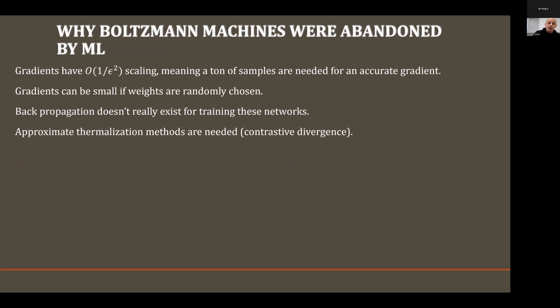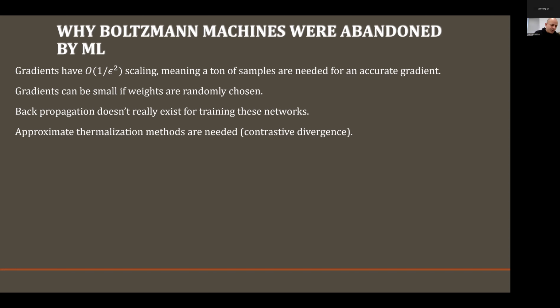Boltzmann machines. In particular, gradients need to be estimated using sampling, which leads to an order 1 over epsilon squared number of samples needed to compute the gradient, where epsilon is the magnitude of the gradient that we need to compute. So if we had a gradient of 10 to the minus 7 that we needed to estimate, then we would need about 10 to the 14 samples.